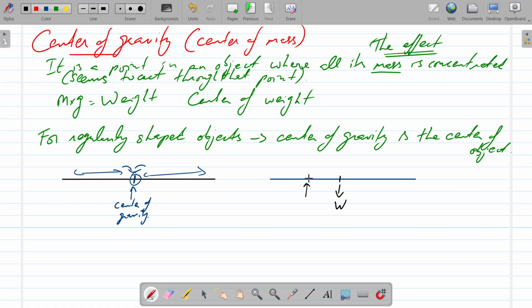You're trying to balance it from here where the arrow is, and so the ruler will tip over, it will not hold.